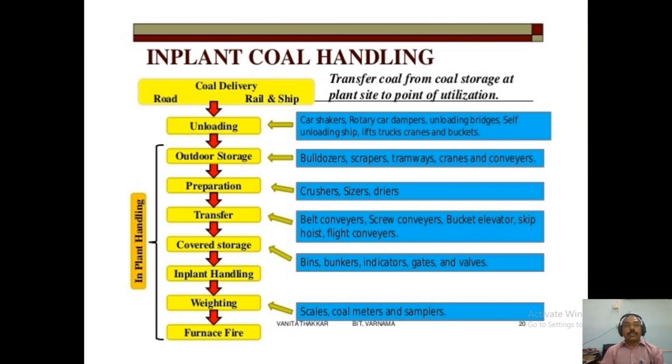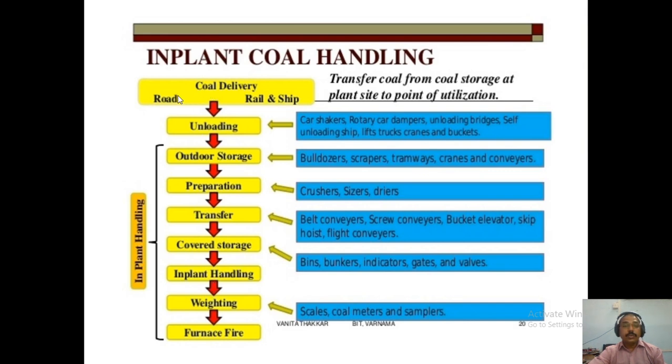So this is regarding in-plant coal handling. This is the very important block diagram of in-plant coal handling. The coal handling system is a very important system in the thermal power plant, where we can see step by step how the coal is handled.